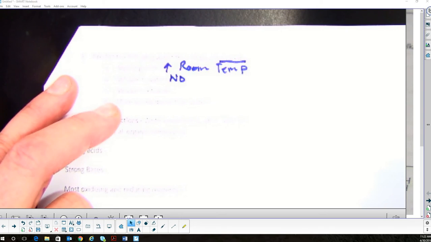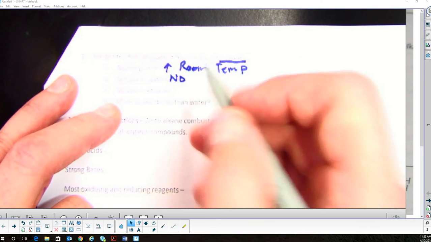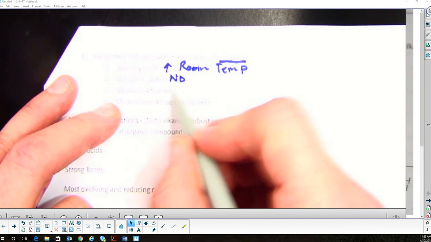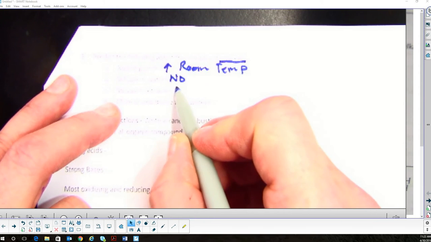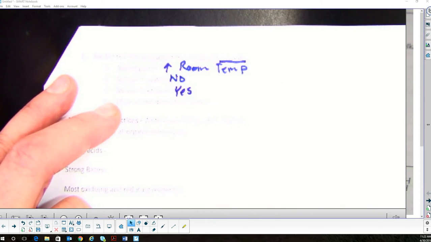Why do you say yes? That's true. They're both nonpolar. It's not that they're both a liquid, but that they're both nonpolar. So yes, it will be soluble in ethane. They usually use the phrase "like dissolves like." Do not choose that on the test. You need to be more specific.